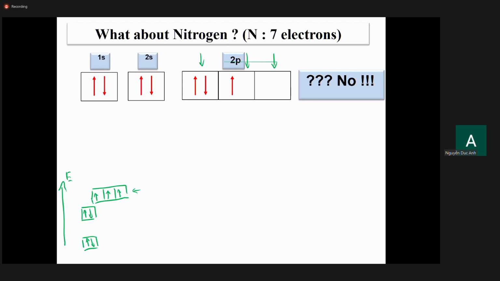Okay, and now when you have more electrons moving into that set of orbitals, they will continue to fulfill the first one because they don't have any other place. They will choose any one of the three orbitals with one electron here to move in. So we will write this. The next electron will jump here, and the next electron will jump here.